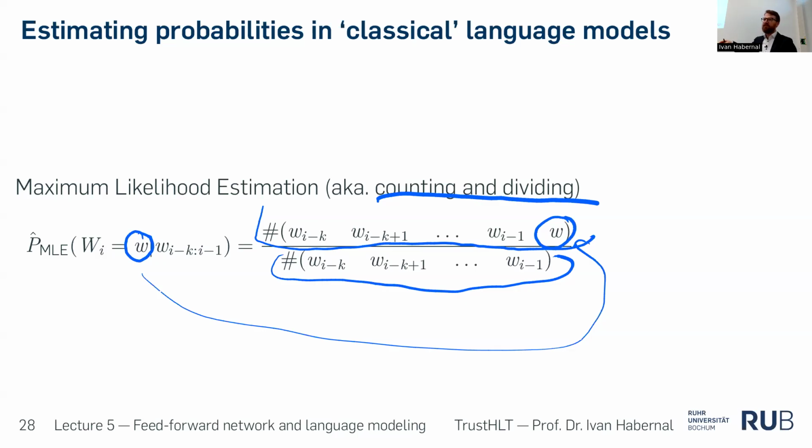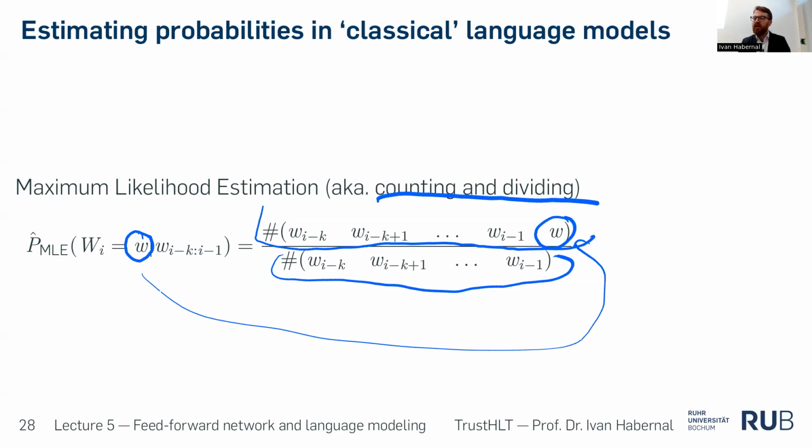This is not how you build ChatGPT, because this will have some issues. What will be the issues of this classical language model? What issues can you run into? The problem will be, if your context is large, you will end up with many parameters.